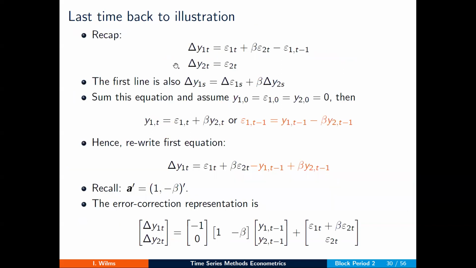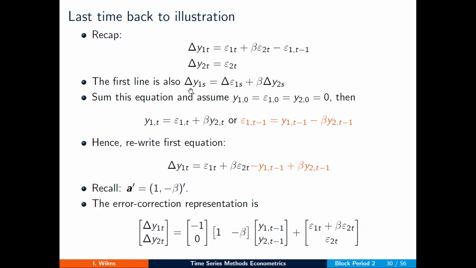Now, let us go one more time back to our example. In order to get it into an error correcting format, we need to do some rewriting for the first equation to express the series in differences in terms of lagged values of the series in levels.